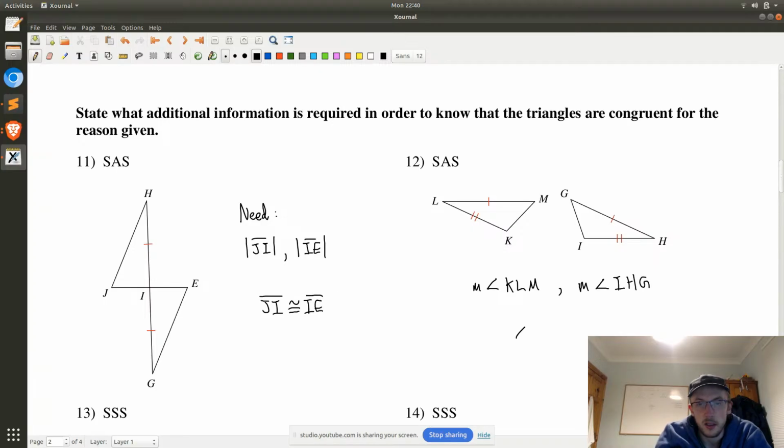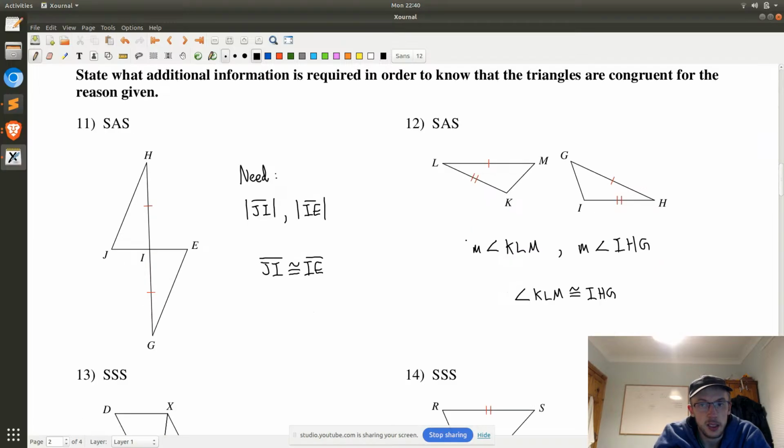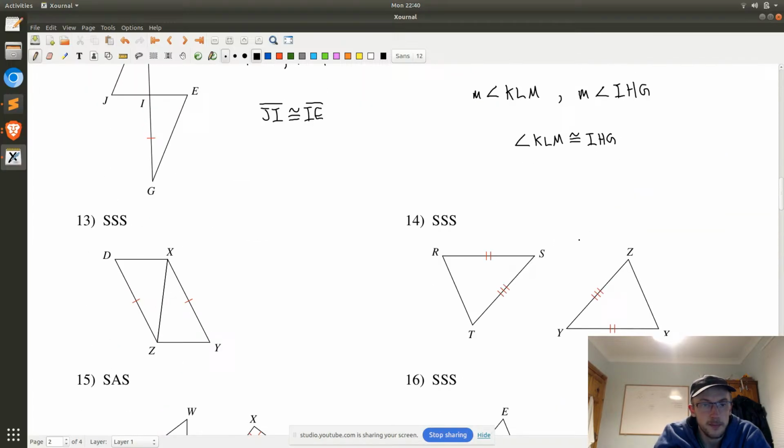Likewise over here, angle KLM is congruent to angle IHG. Or they've put it as angle L is congruent to angle I, which is nice as well.